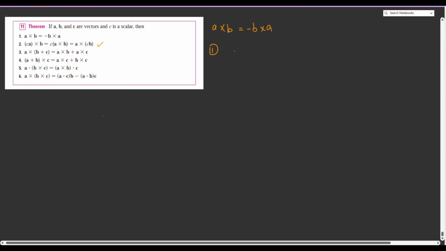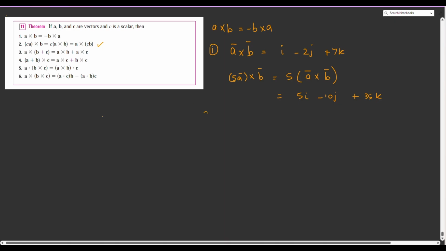Suppose A cross B is equal to I minus 2j plus 7k, and my question to you is to find 5A cross B. Then you just multiply this 5 with A cross B and you get the answer: 5i minus 10j plus 35k. By using this property, you can find this.